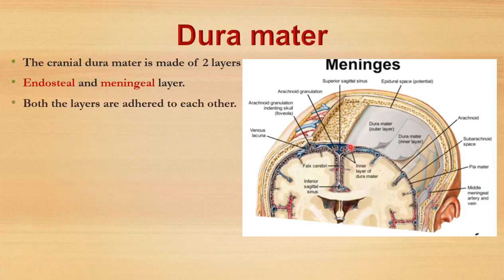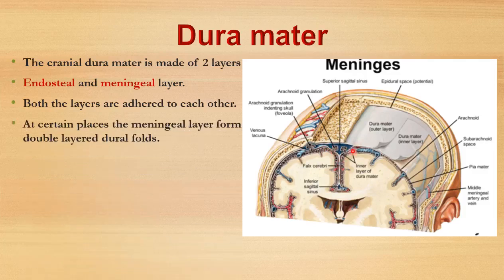Now, these two layers are almost together, but at certain places the meningeal layer separates from the endosteal layer and forms a double layered fold which is called a dural fold. One dural fold which you are able to see in the midsagittal fissure is the falx cerebri.